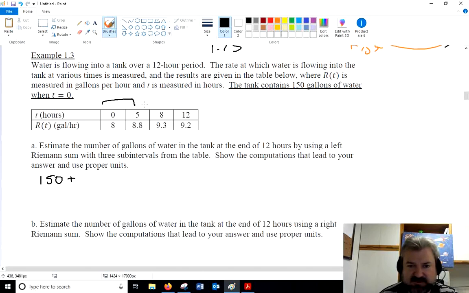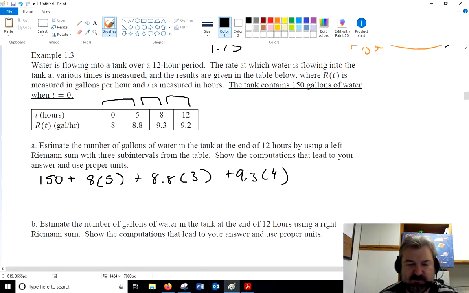So I'll do that one, that one, that one. So I'll have to start on the left. So 8 was the height of the gallons times the change in time, which is 5. Plus the next one was a height of 8.8 and a change of 3. And the next one was 9.3 and a change of 4. And I'll let you multiply all that out to see what the answer is, because I'm just going to put gallons and call it done.